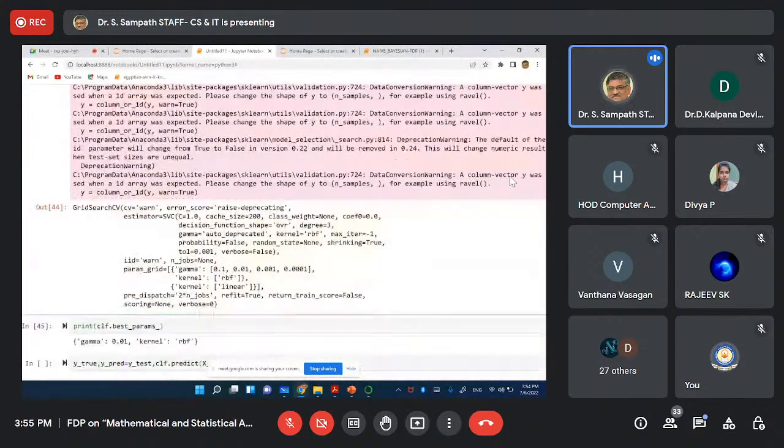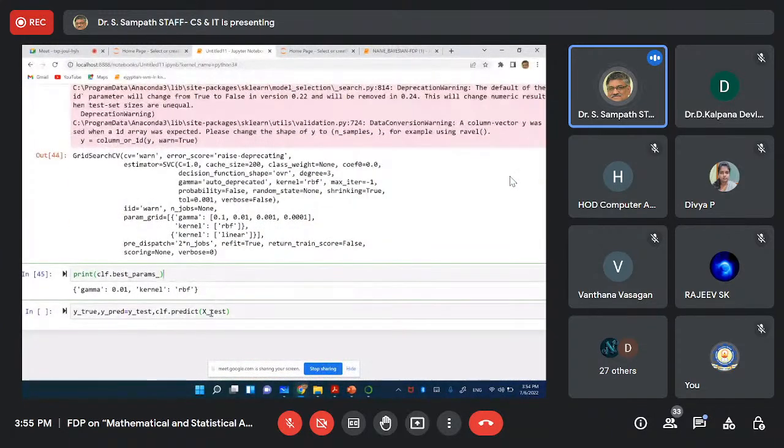For the prediction purpose, I will be using the test data set. I will use the same classifier and predict the classes of the objects in the test set. So this y_test will become y_true. X_test is the portion which you are using for testing, so it will have some target classes. Am I right?